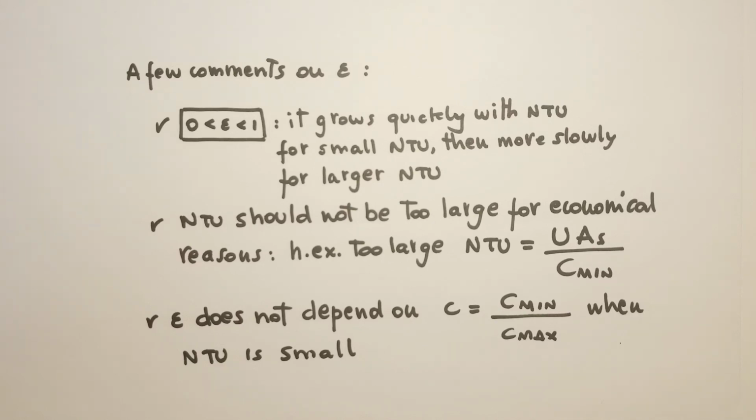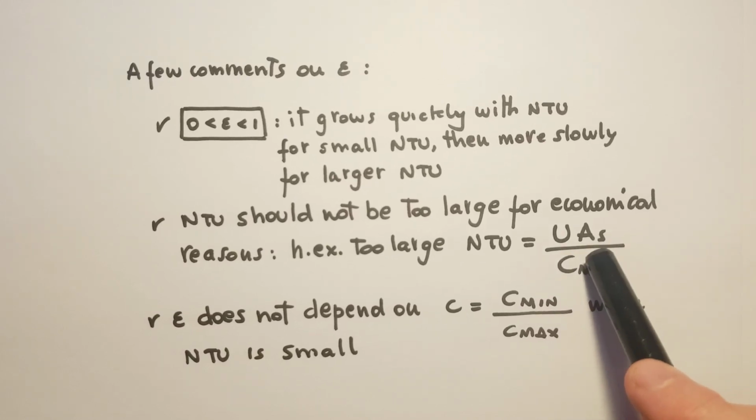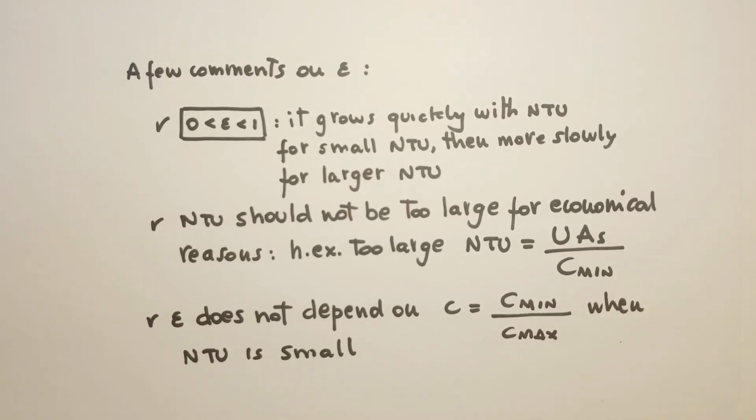This is true in theory, but for heat exchanger design we need to take into account also economic reasons. If NTU is too large, this means the A_s, the surface area, is too large, and then the heat exchangers become too large and economically not viable.